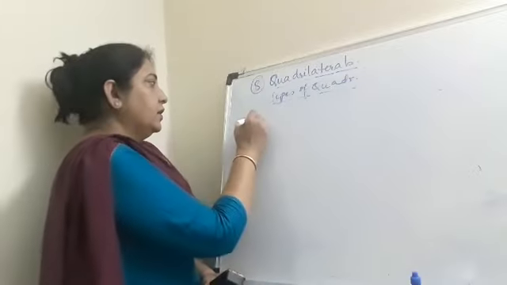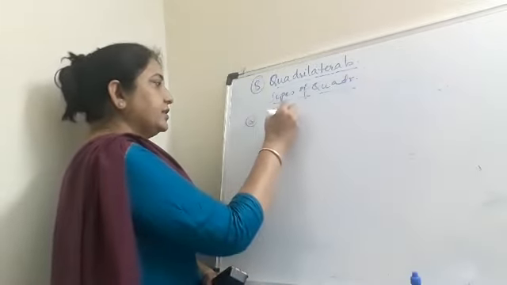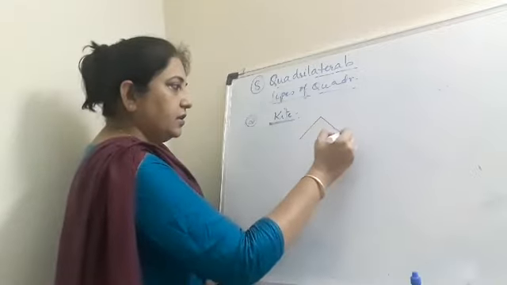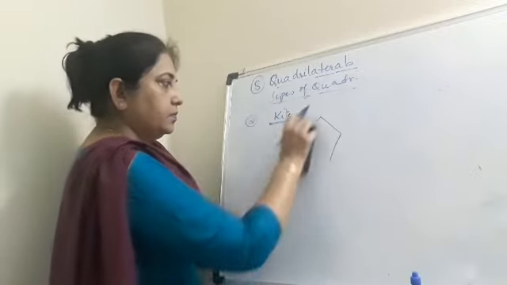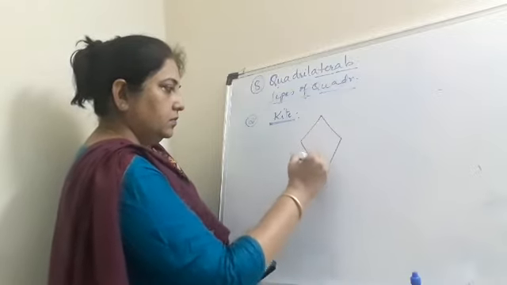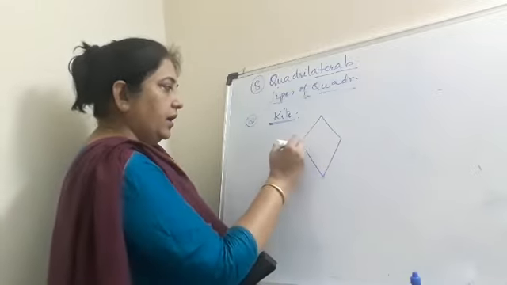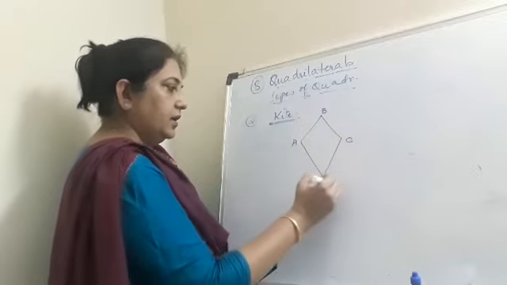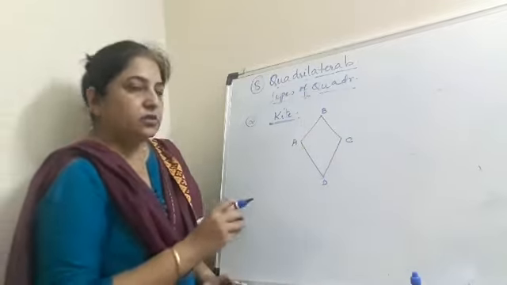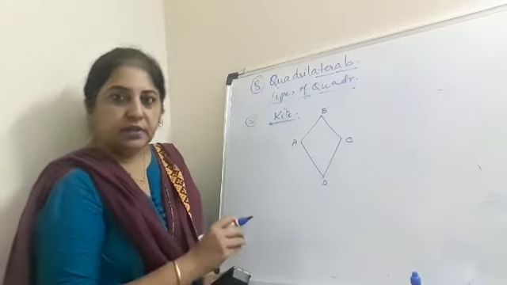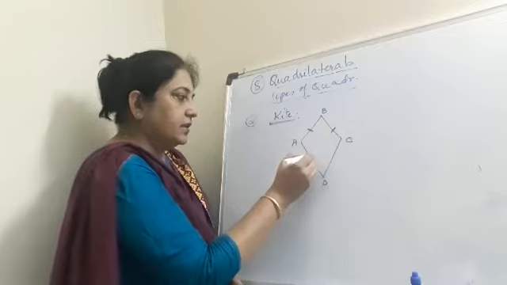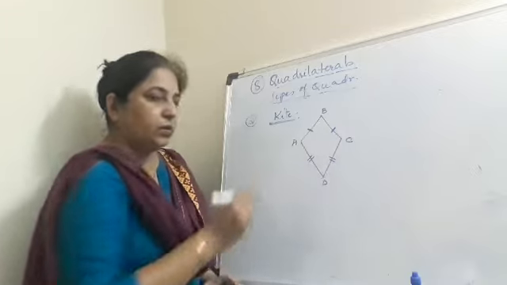Okay, now coming to kite. Now this is how the kite looks like. A, B, C, D. When we talk about a kite, it is also a quadrilateral with consecutive sides equal.